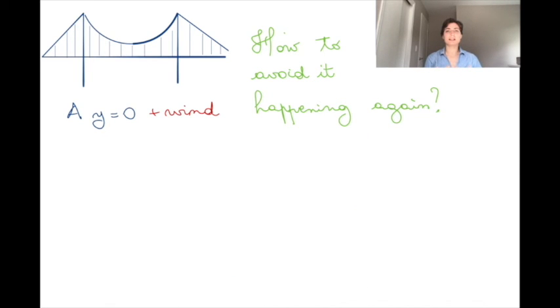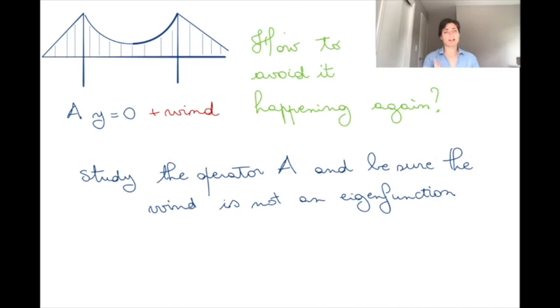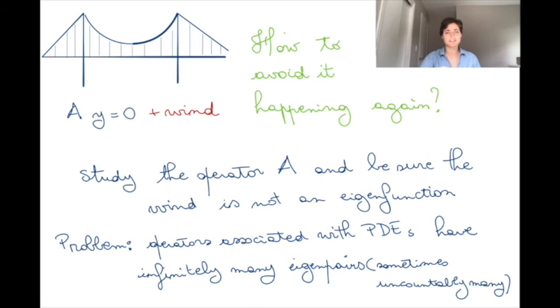How can we avoid it? How can we make it never happen again? So ideally, we can study the operator A and just check that the wind is not an eigenfunction. There's just a little problem with that. Usually, operators associated with PDEs have infinitely many eigenpairs. Actually, they always have infinitely many eigenpairs. But sometimes they can be uncountably many.